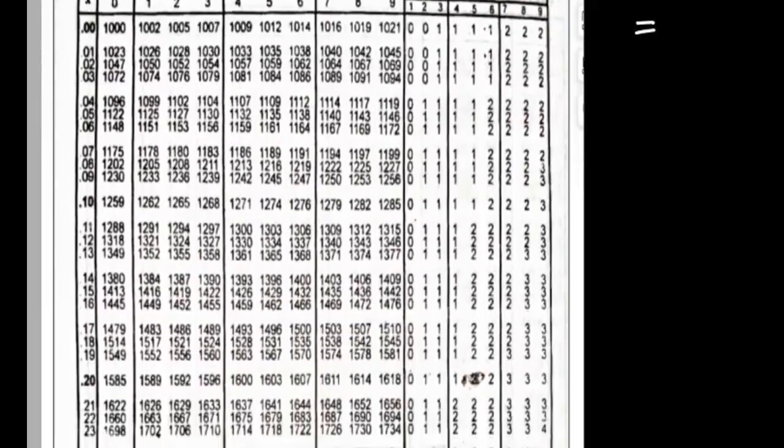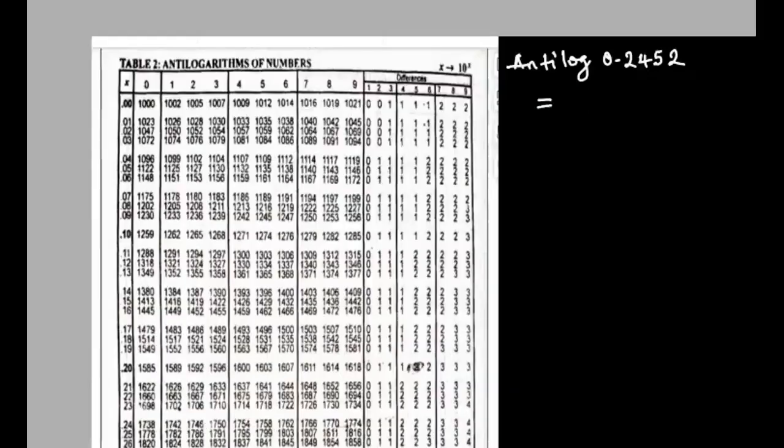This is 0.24 here. So under 5. This is under 0.24. Under 0, 1, 2, 3, 4, 5.